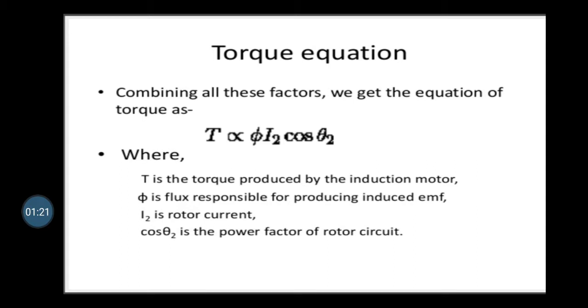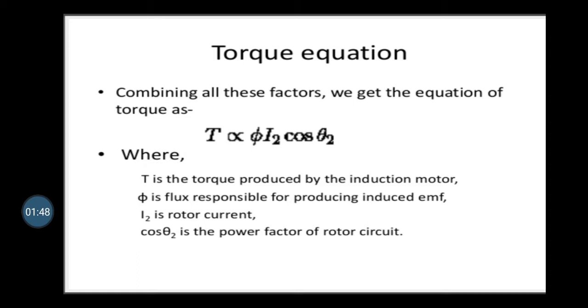Now combining these three factors, the torque is directly proportional to phi into I2 into cos theta 2. In this, cos theta 2 is the power factor of the rotor, that is, the angle between rotor voltage E2 and rotor current.